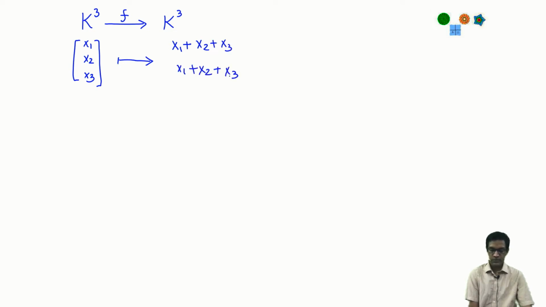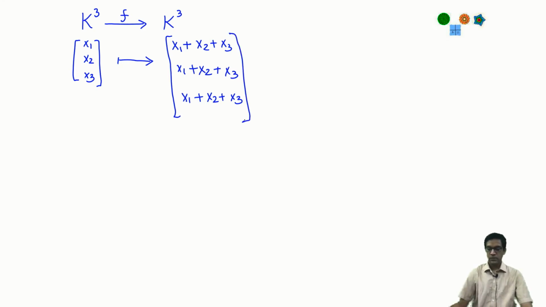So it just sums the 3 coordinates and places that value in each of them. I claim that this map is actually a homomorphism. Let's check this. Claim: f is an R homomorphism, where R is the group ring.